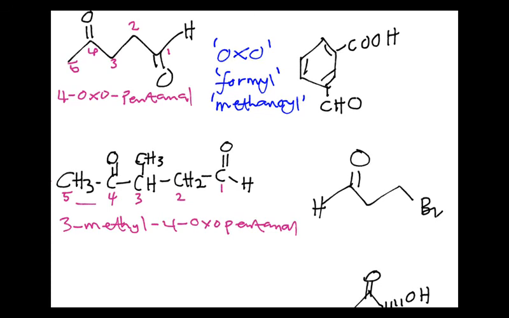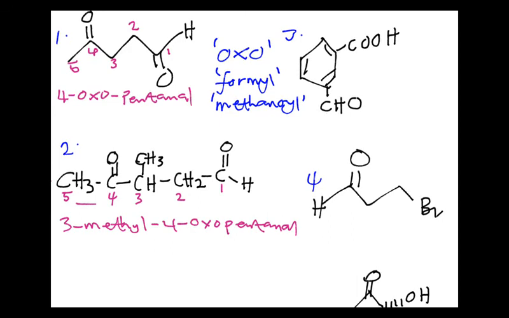Okay, let's name this for easy reference. So this is 1, 2, and this is 3. So let's go to number 3. In number 3, we have an aldehyde there, but we can also see that there is a carboxylic acid, which means there is a higher priority functional group than the aldehyde.